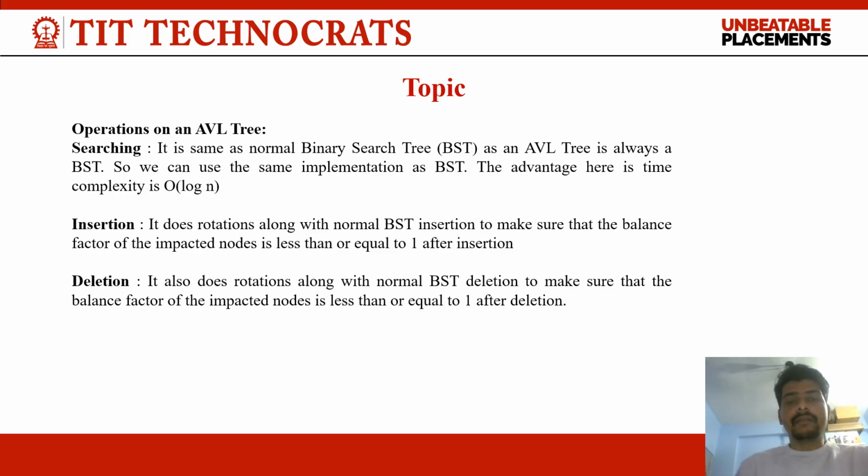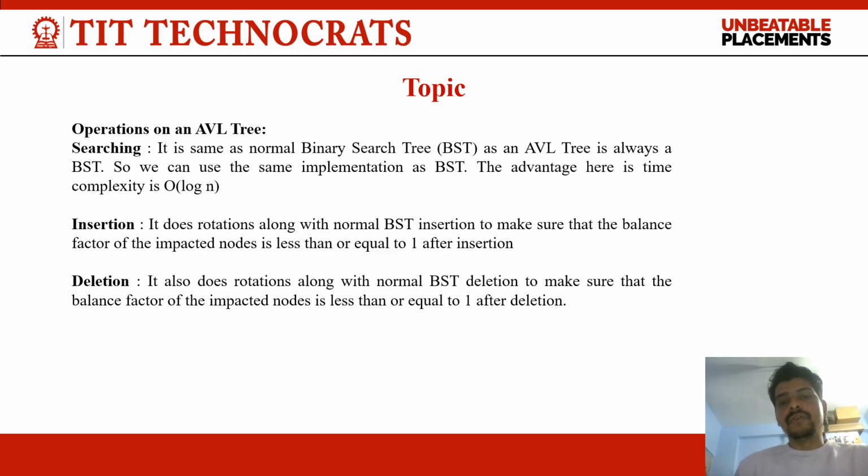And insertion, very important: if we insert any node, we always have to ensure that every node has a balancing factor of 1, -1 or 0. It cannot be more than +1 or less than -1. If it shows a balancing factor of -2 or +2, that means it is not balanced, and it is not an AVL tree.